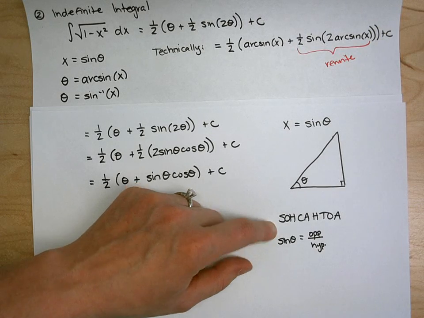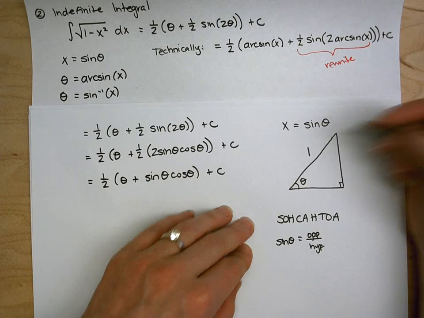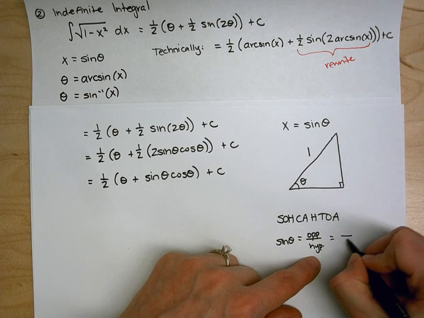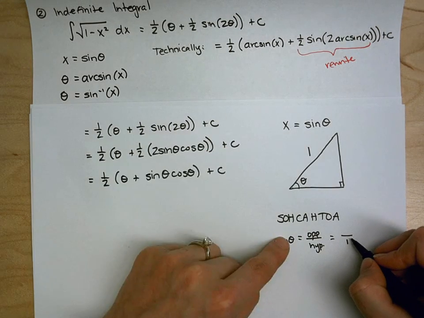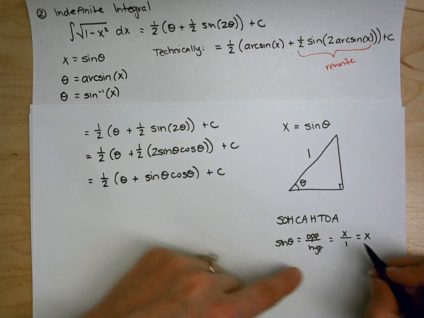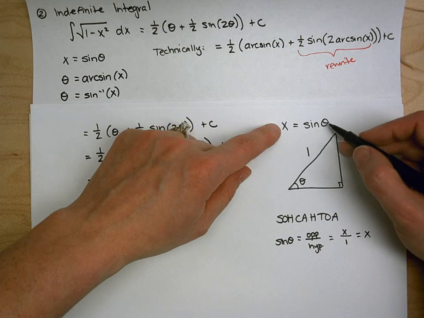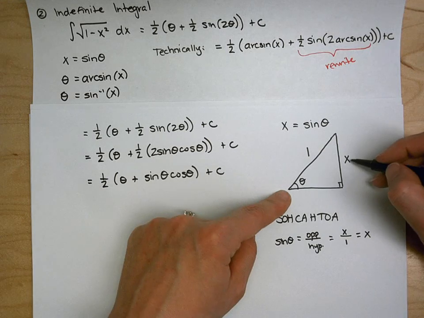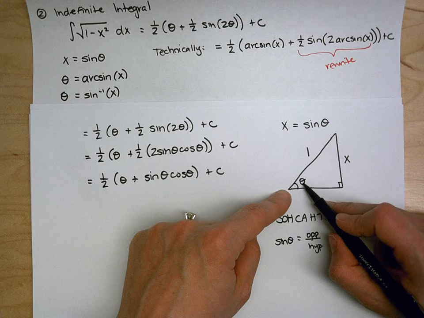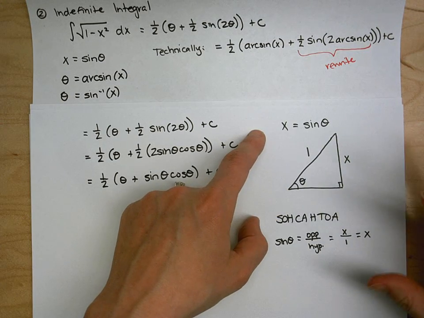Now notice that I do know that sine of theta is x. Because we're on the unit circle, I'm going to say the hypotenuse is 1 here, which means that if sine theta is x, then the opposite side has to be x. Notice x over 1 equals x, and that gives me that initial relationship. So this side is going to be x. On this triangle, sine is opposite over hypotenuse, so sine of the angle is x over 1, giving me x, making this relationship true. This is just a way to visualize this relationship.